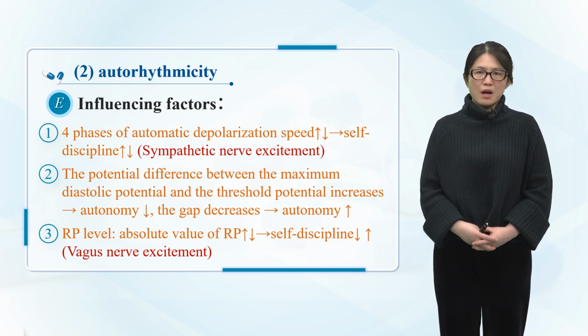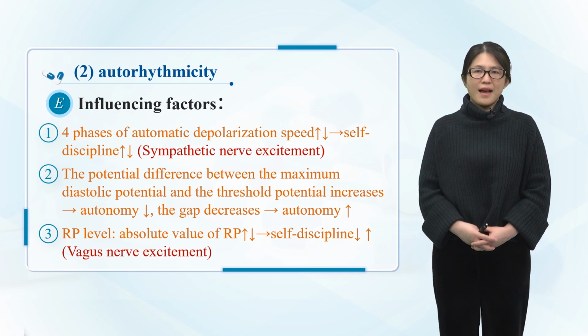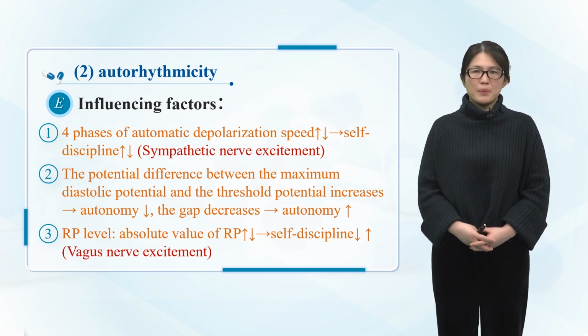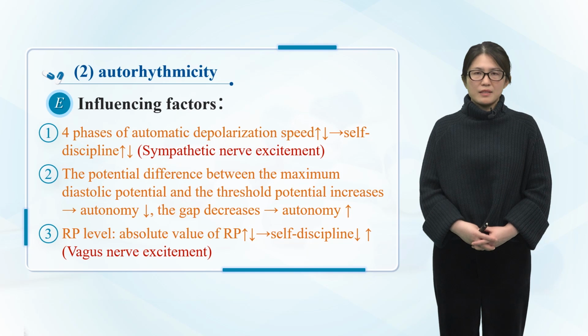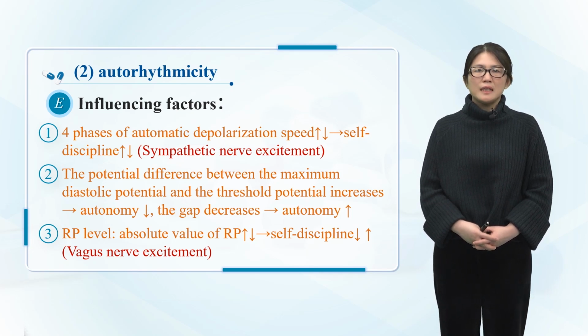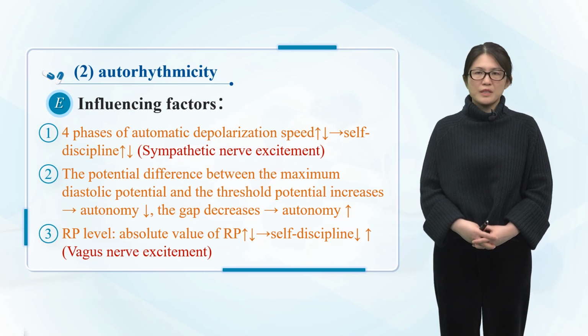This phenomenon is called overdrive depression, which affects autonomy. Factors include the speed of the four-phase autonomic depolarization, the maximum repolarization potential, and the threshold potential of the autonomous cell action potential. The four-phase automatic depolarization speed.